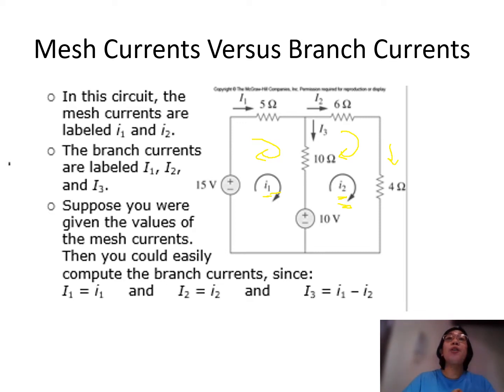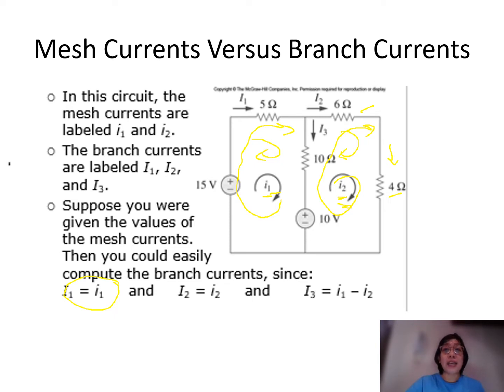Your I1 here is the same current that will flow across your 5 ohm resistor, making your branch current I1 equal to your mesh current I1. At the same time, your mesh current I2 is the same current that will flow across your 6 ohm and your 4 ohm resistor, making your branch current I2 equal to our mesh current I2.